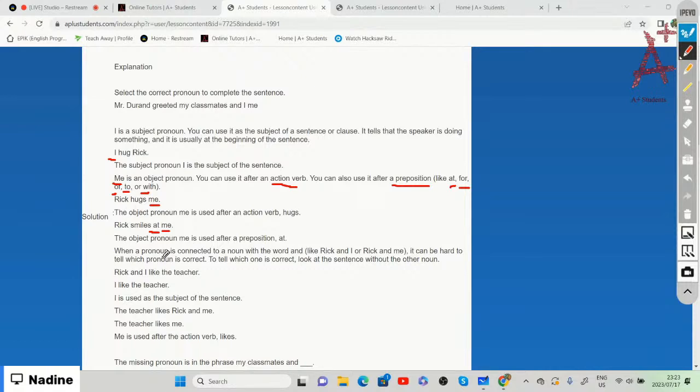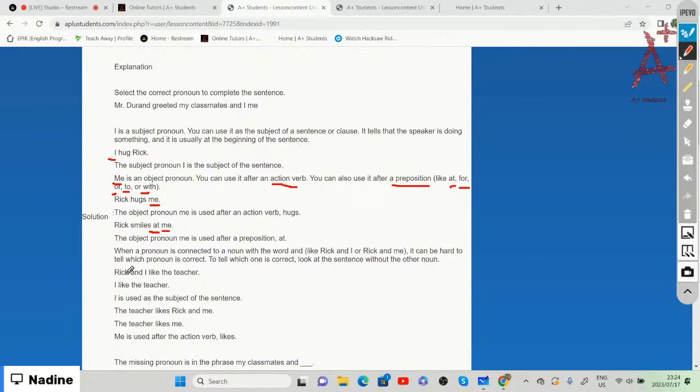So you can't easily say if it is a subject pronoun or an object pronoun, and it's basically going to make it more tricky, right? It's like the test that we do. It is also kind of trying to trick us. So it can be hard to tell which pronoun is correct. To tell which one is correct, look at the sentence without the other noun.